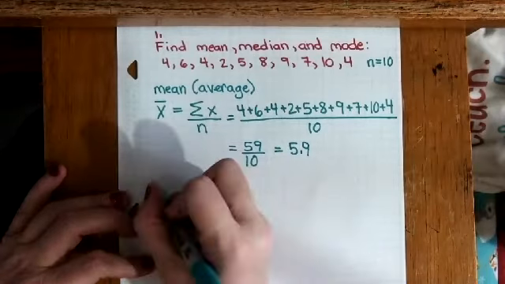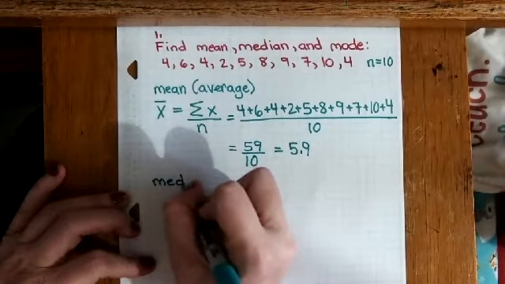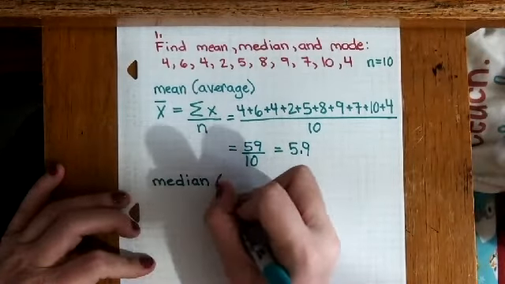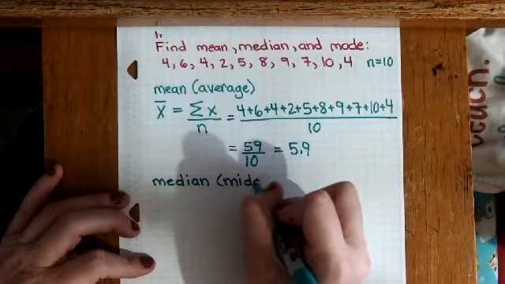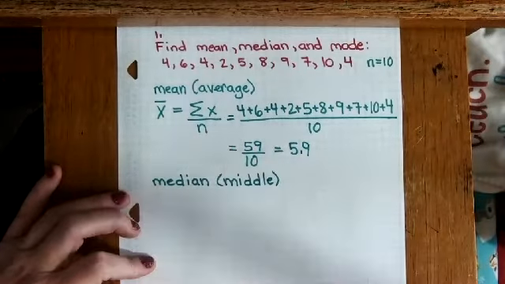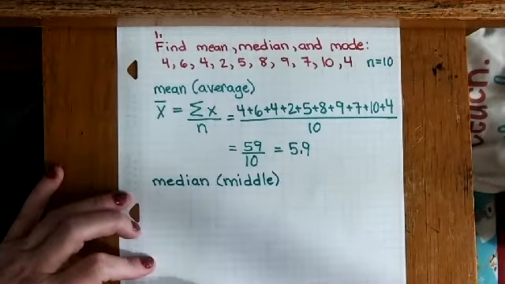The median is the middlemost entry, which means we have to sort our list.